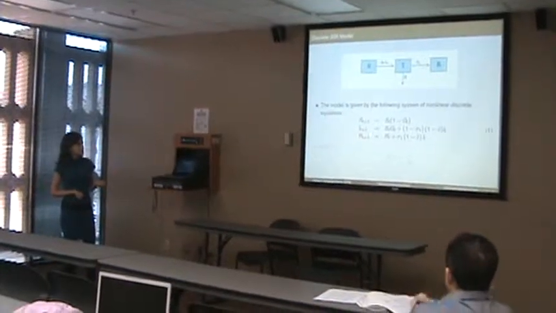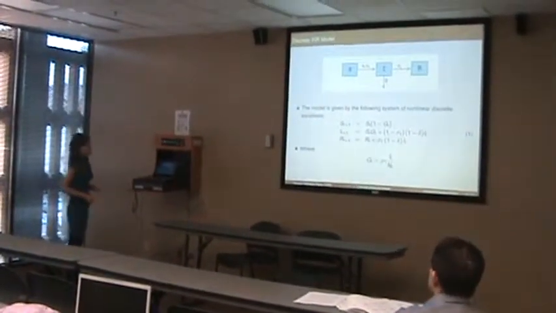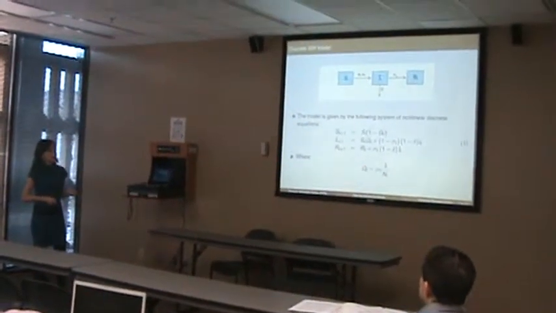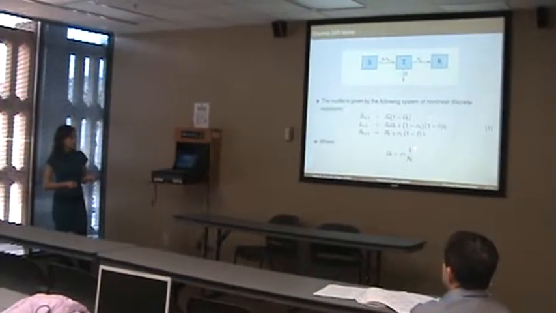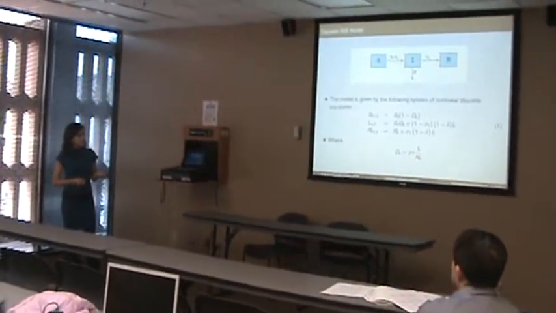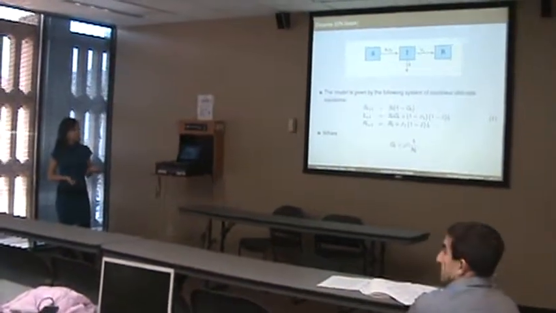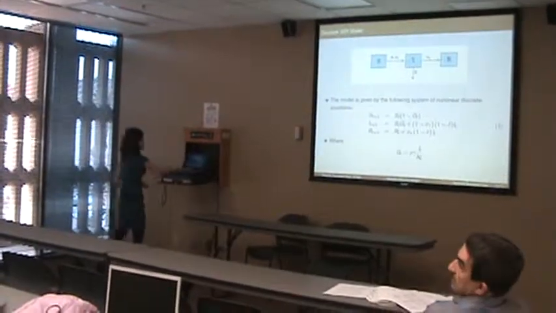R is the recovered individuals, and the expression for the function G is given in this way. So we have a new infection if we have contact with an infected. And these parameters are the infectivity for the people that are infected, and rho is the susceptibility for somebody that is healthy.